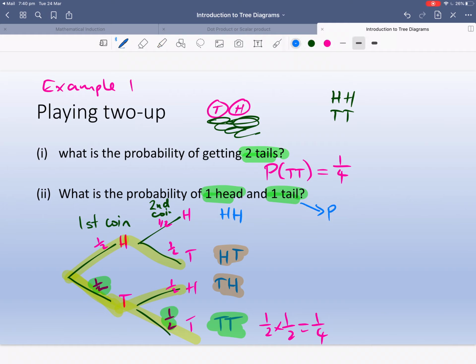Now I can simplify this to a half. Okay? So we can do it that way. Alright, so hopefully you can see that you can get really nice simple probability information by just doing it with a tree diagram.